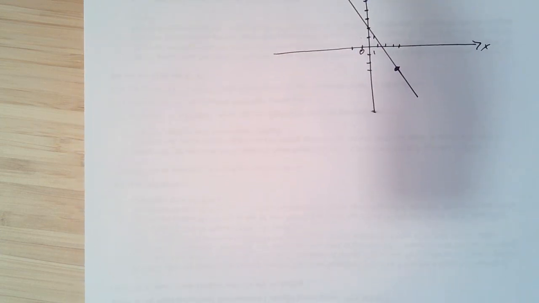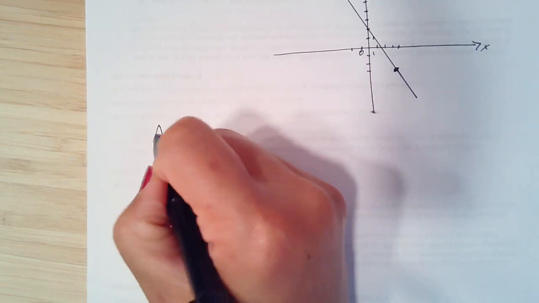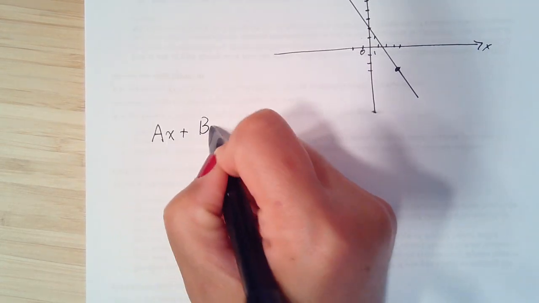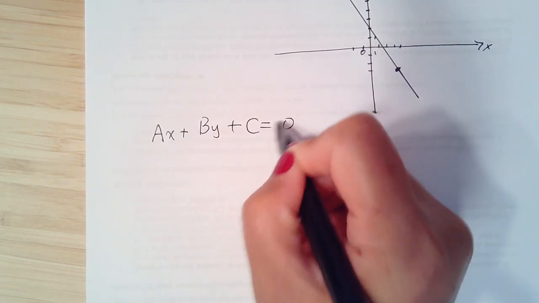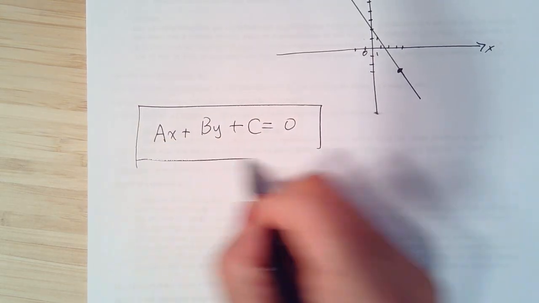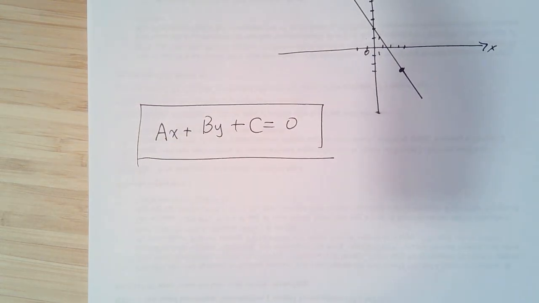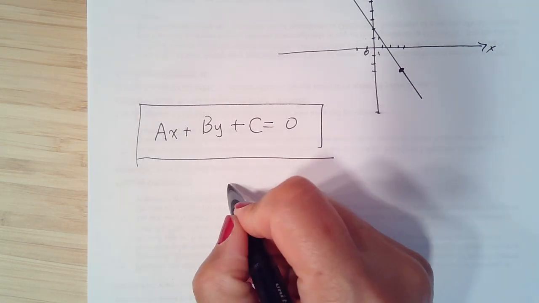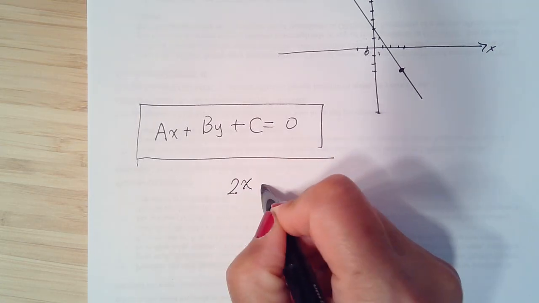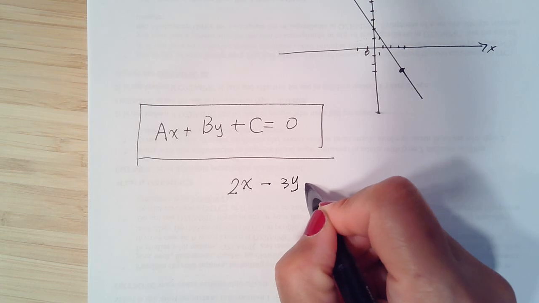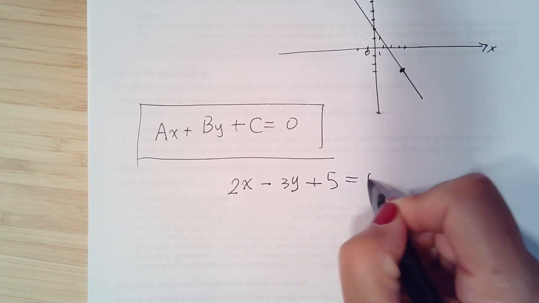If you remember, we talked about the general form, and I said I'm going to talk about this later. If you are given this form, unfortunately, and I ask you to graph, do you know how to do it? For example, if I give you 2x minus 3y plus 5 equals 0, can you graph it?